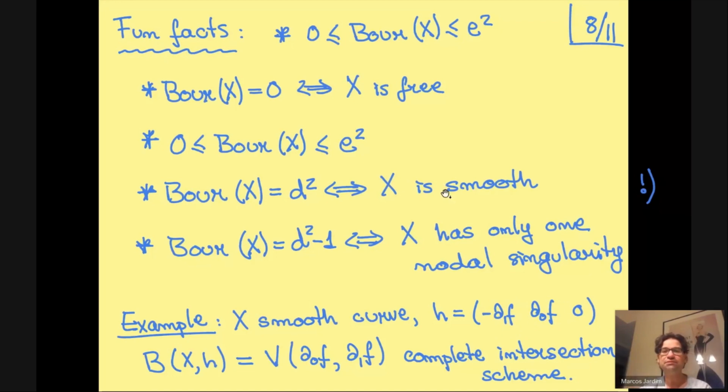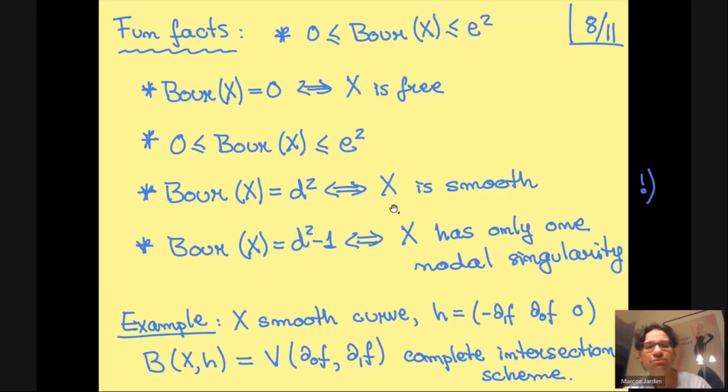So when the curve is smooth, this e is precisely equal to d, and the Bourbaki degree attains its maximum possible value, which is d squared. Right? So the Bourbaki degree, in this sense, is a measure between being free, which is the smallest possible value of the invariant, and being smooth, which is the largest possible value of the invariant.